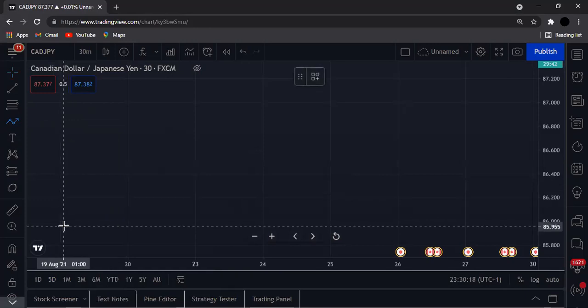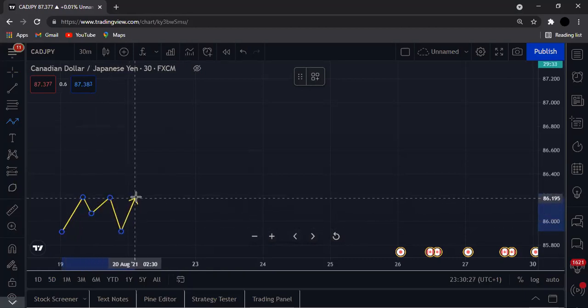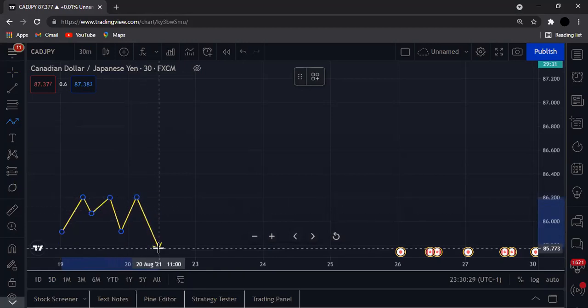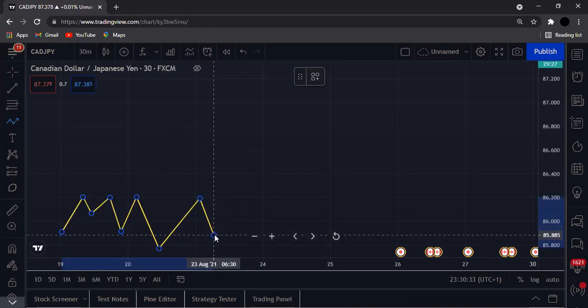Let's say you have your chart coming this way. What can you notice?